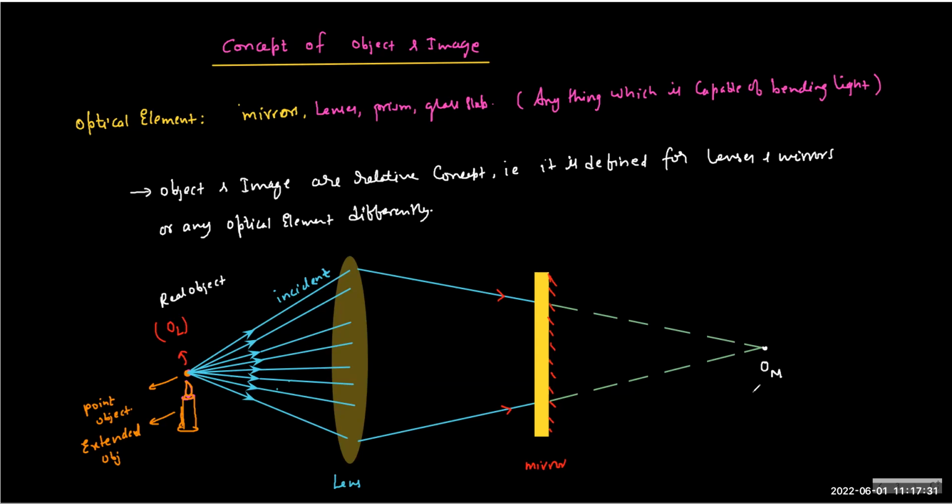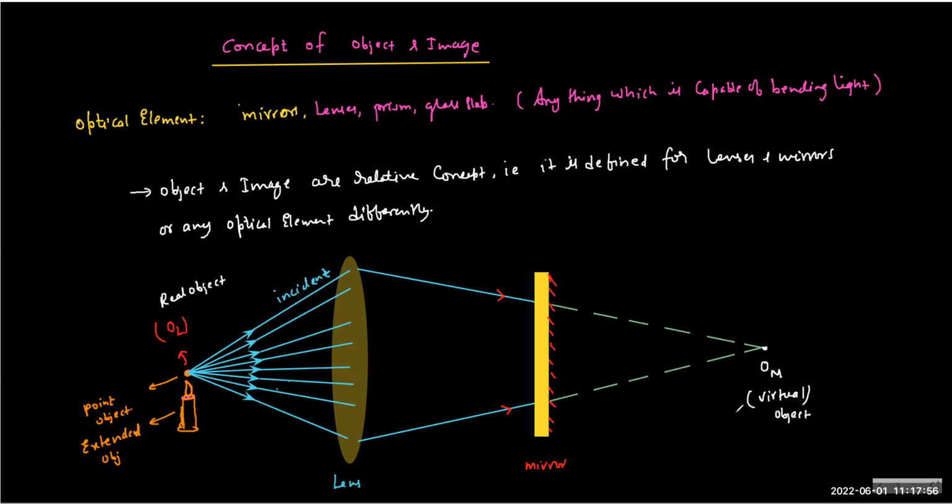But which kind of object? Virtual. Because of the obvious reason, the incident ray is virtually coming there. That's very common sense. So what is called a virtual object?